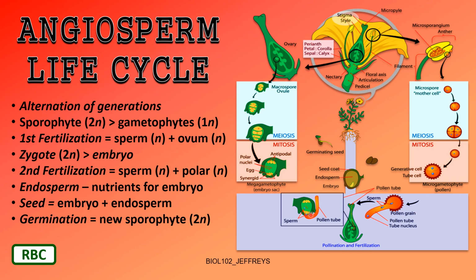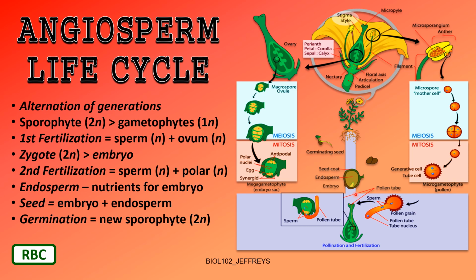That will make the zygote. That's the first fertilization event, we make the zygote. So we're already back to 2n, and the zygote will start to divide and become the embryo.